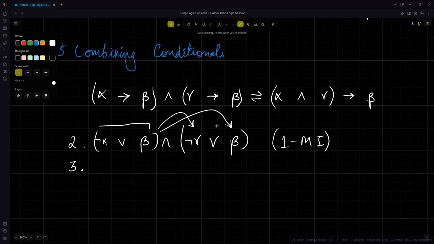Okay, so if we treat it as one, then it would be not... We're going to need a lot of brackets, but it's going to be not alpha or beta, and not gamma, and then close.